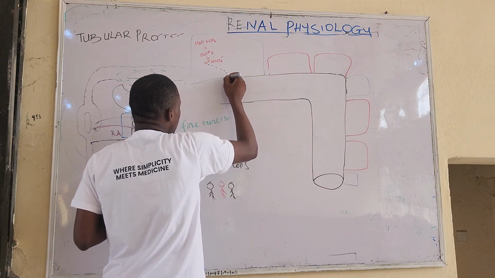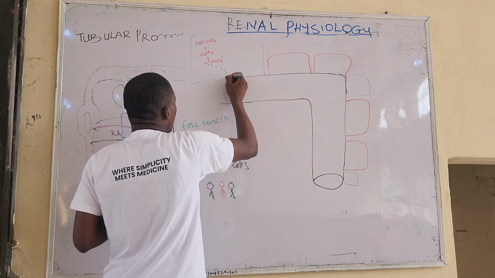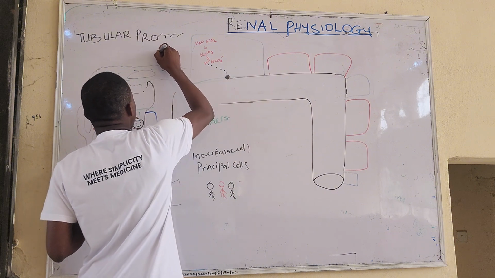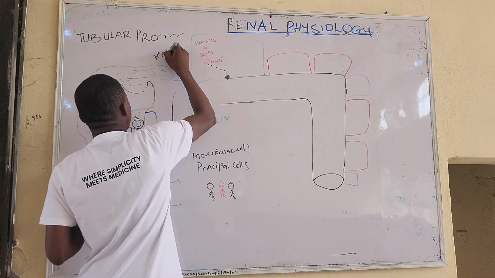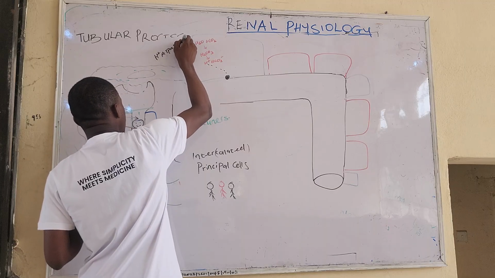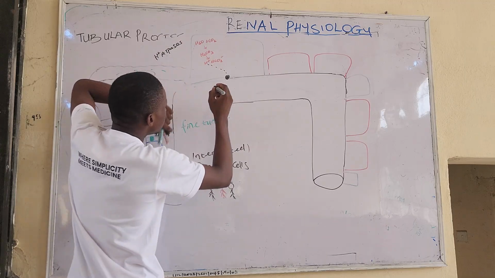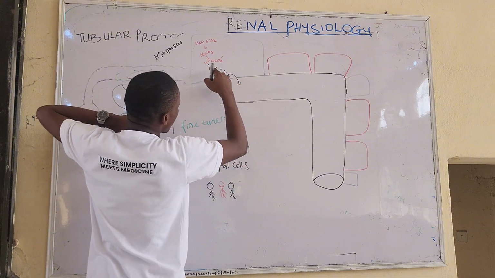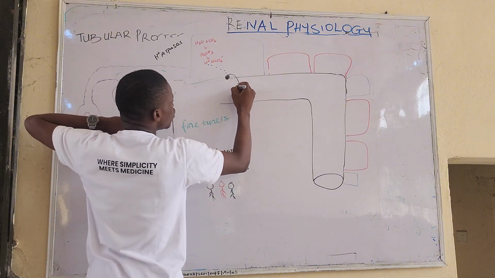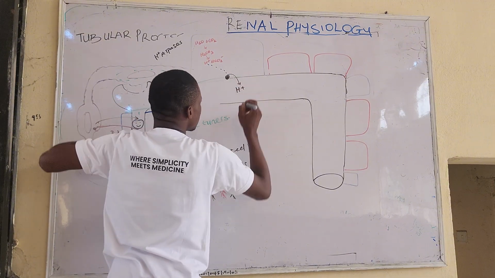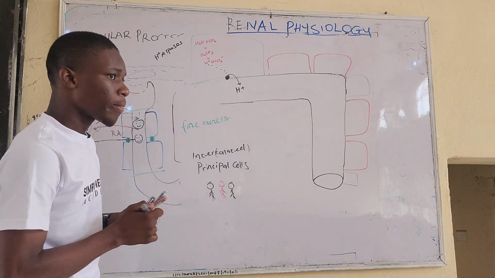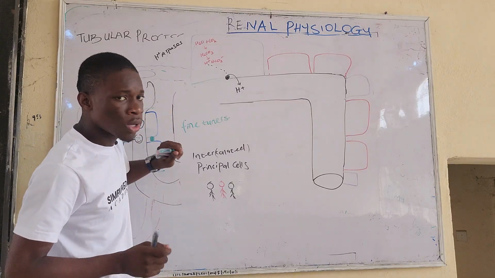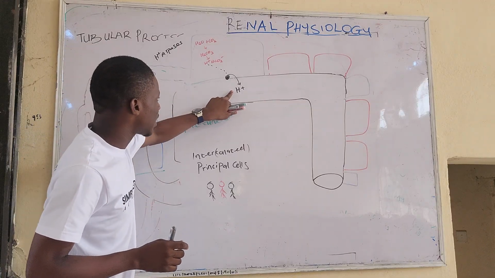There is something here. We call it what? Hydrogen ATPase. Now, what is this hydrogen ATPase going to do? It's going to pump this hydrogen that is coming to meet it inside this place. Are you following me? So in the intercalated cell, this reaction has occurred and it has pumped hydrogen.